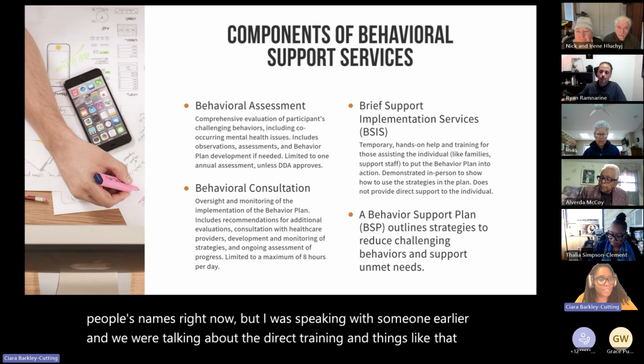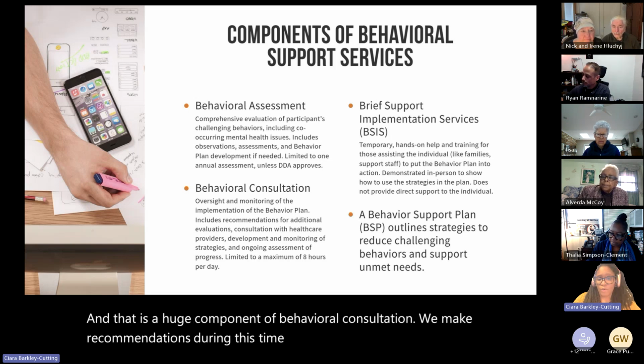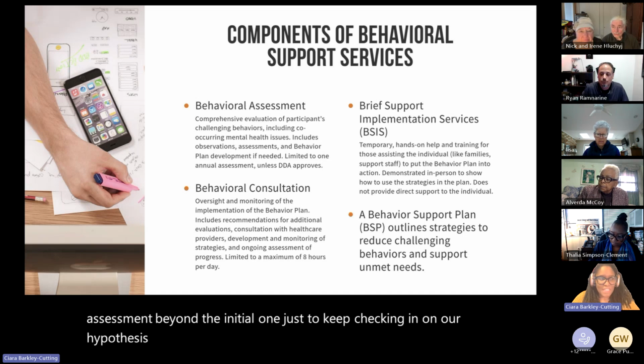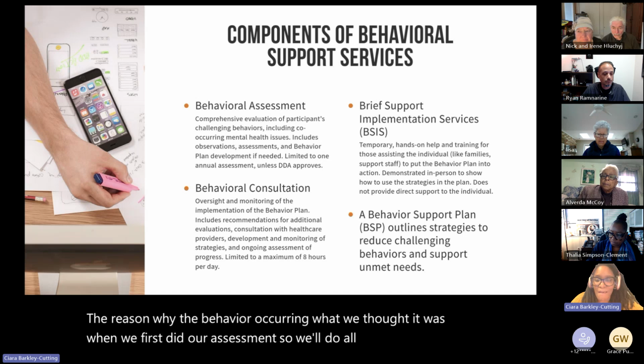That is a huge component of behavioral consultation. We make recommendations during this time, and we even do ongoing assessment beyond the initial one, just to keep checking in on our hypotheses: is the reason why the behavior is occurring what we thought it was when we first did our assessment? So we'll do all those different things.